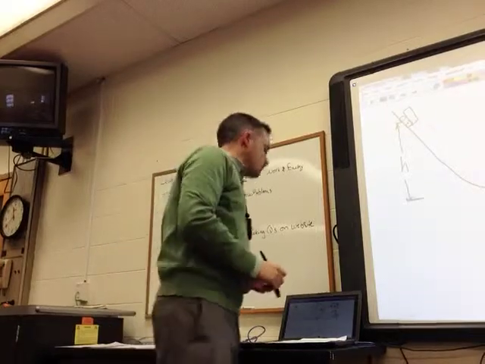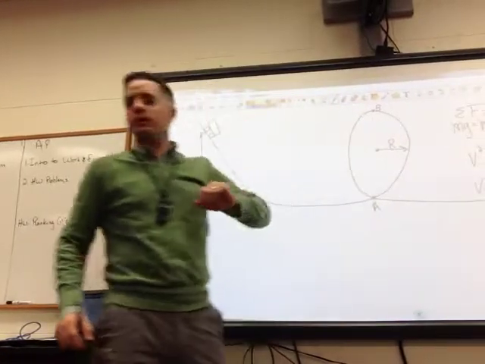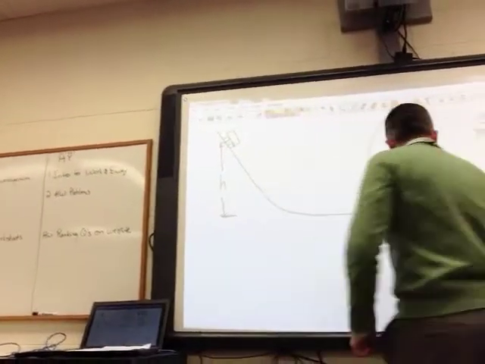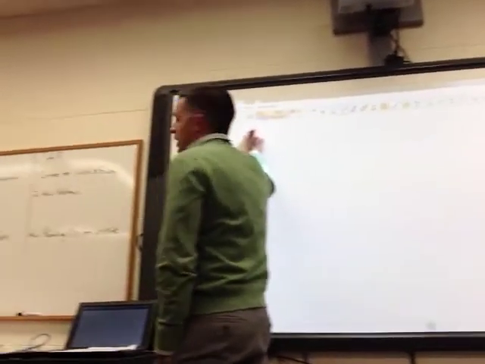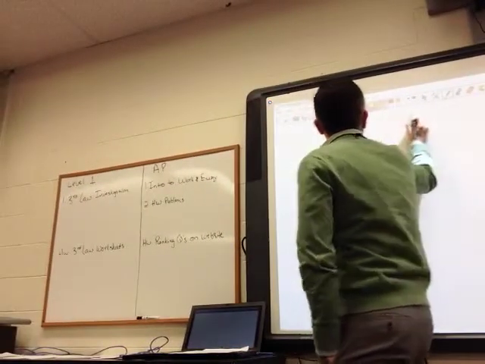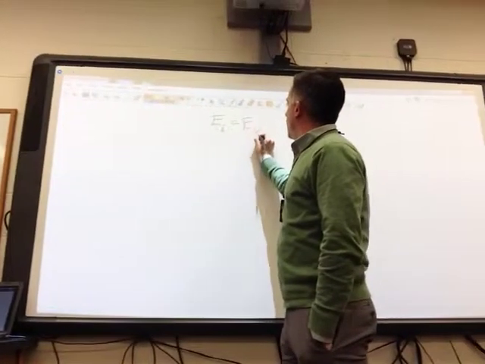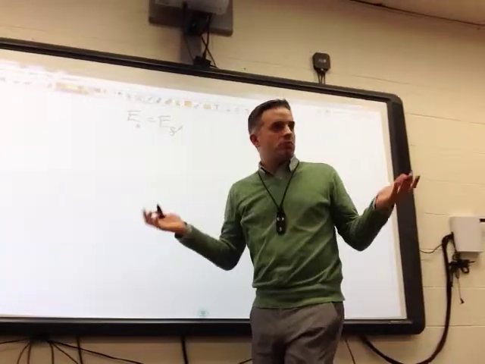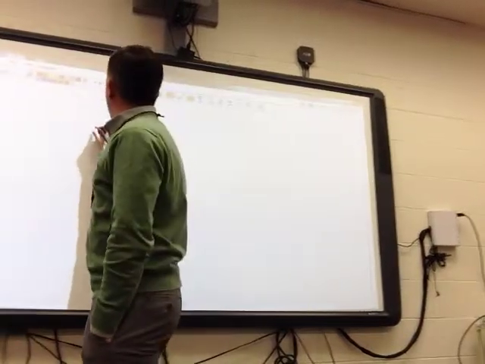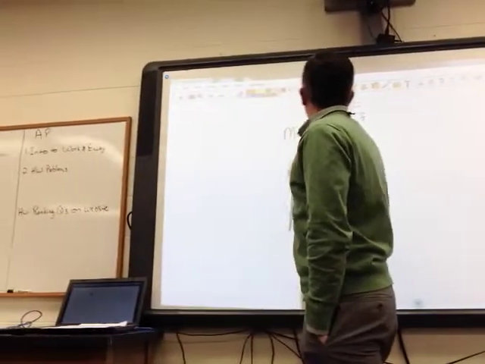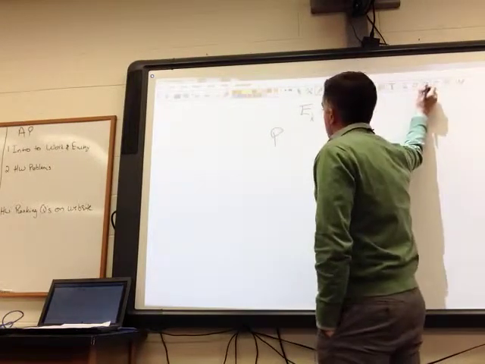All right, so here's what we've got. We now know that's how fast we have to go when we're at point B, so we don't fall out. I'm sorry I got rid of the picture. So I'm going to go with my law of conservation of energy, which says that the initial energy has to equal the final energy. Makes sense, right?